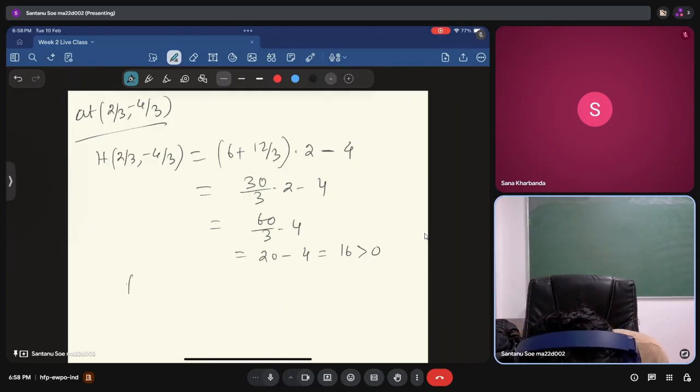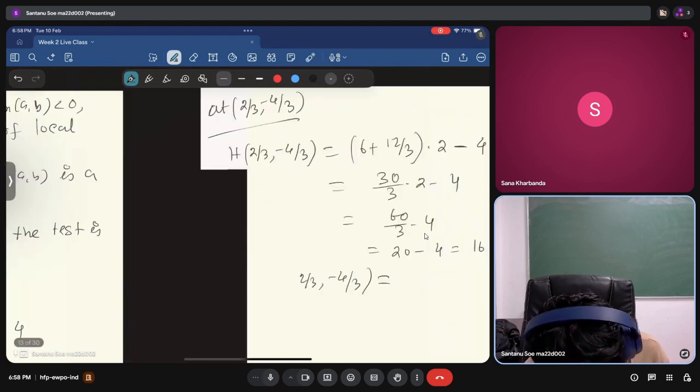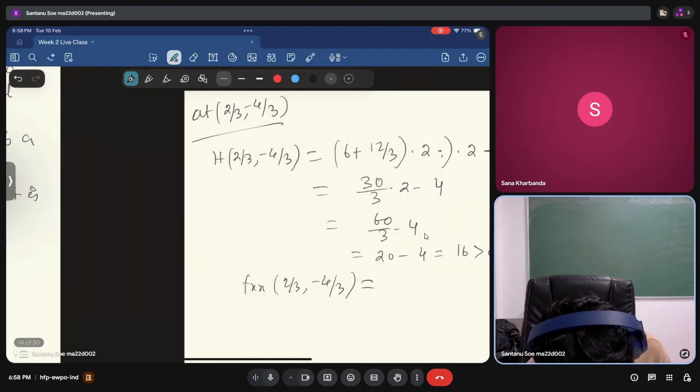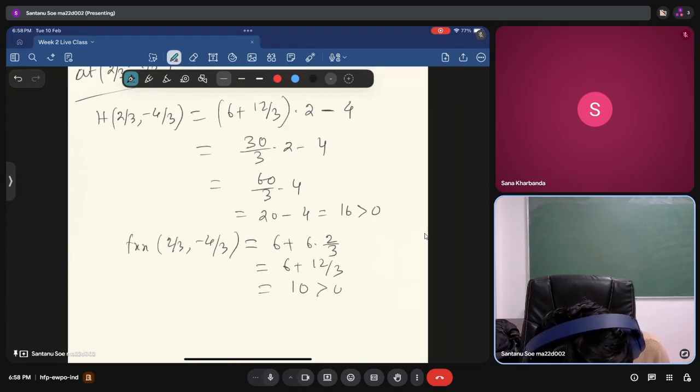Again, fxx at (2/3, -4/3) is nothing but 6 plus 6x. So this will be 6 plus 6 times 2/3, so 6 plus 12/3, so this will be 10. This is also greater than 0.